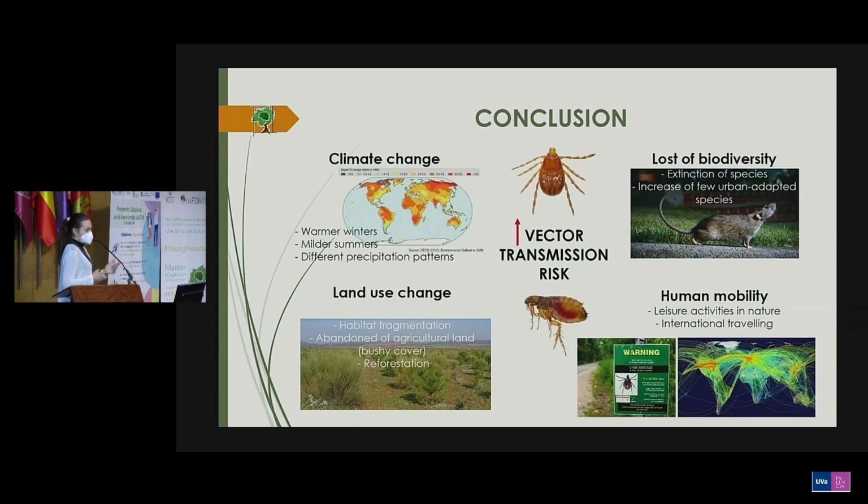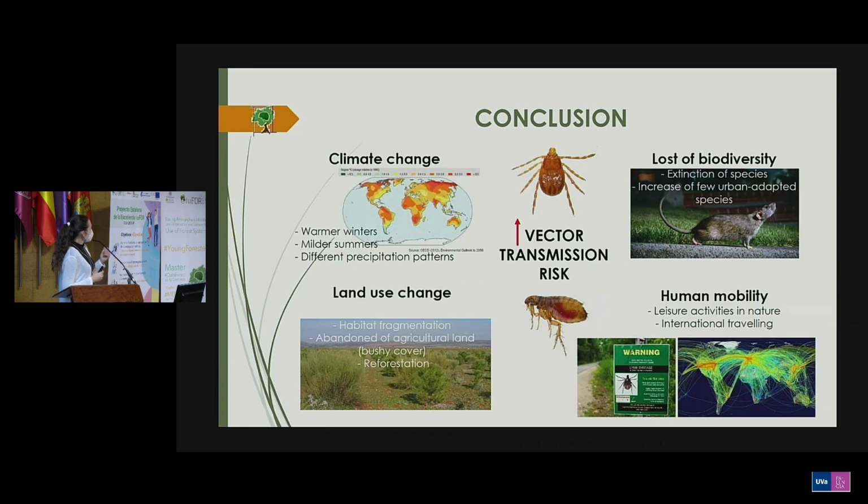We are creating habitat fragmentation that is creating favorable conditions for vector transmission. These edge areas are areas where species interact more frequently, and so can their vectors.